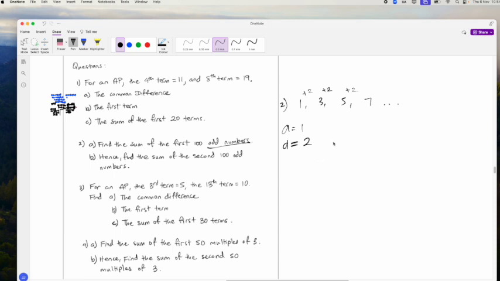So what we have to do is find the sum of the first 100 odd numbers.